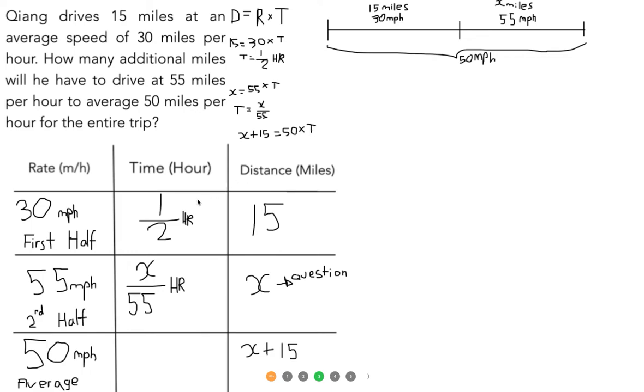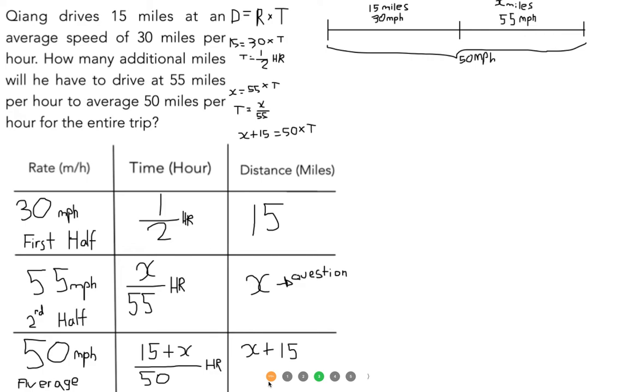And so for t, we get 15 plus x over 50. And that is the number of hours that he took on average for his entire trip.